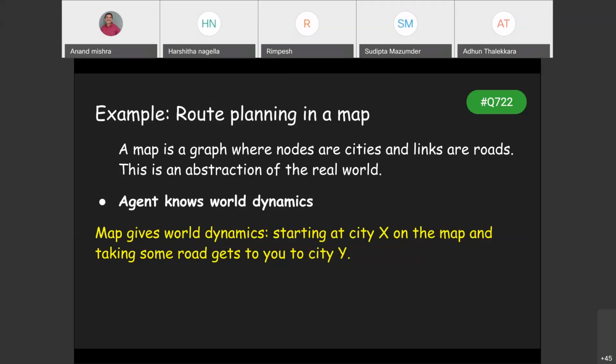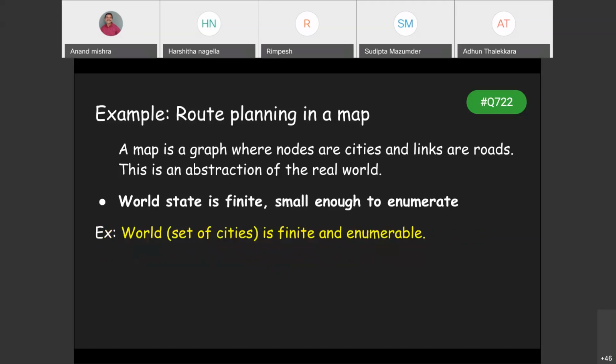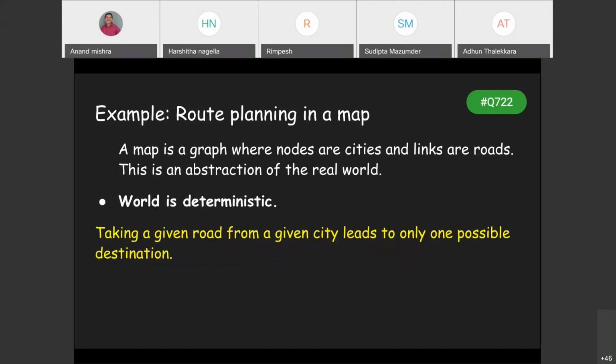So the agent knows the world dynamics. What does it mean? It means the map gives the world dynamics: starting at city X on the map and taking some road gets you to city Y. So you actually know that if you take this road, you are going to reach this city. The set of cities is finite and enumerable. Taking a given road from a given city leads to only one possible destination.